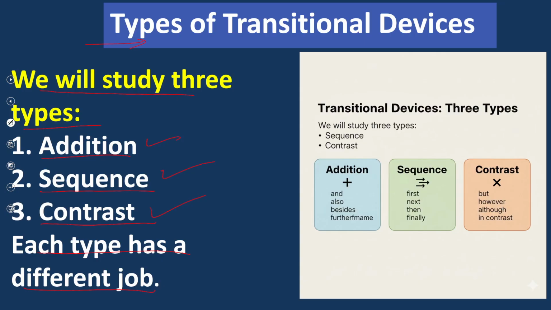Look at this example: addition transitional devices: and, also, besides, furthermore. Sequence: first, next, then, finally. These are the transitional devices which tell us about the sequence of thoughts. Contrast: but, however, although, in contrast. To show contrast in sentences, we use this type of transitional devices.